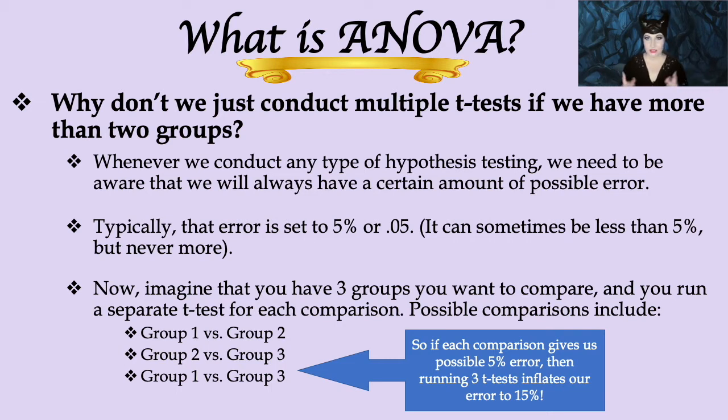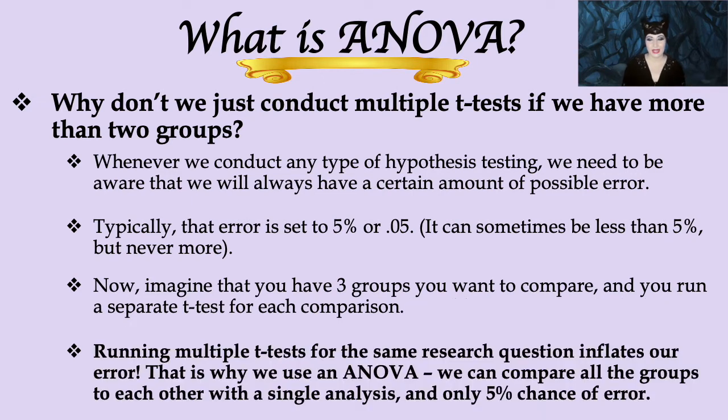So, to answer your question about why we don't just conduct a variety of different t-tests, it's because that will inflate our error. Running multiple t-tests for the same research question inflates your error from 5% to 15%, 20%. It really depends on the number of groups that you are comparing.